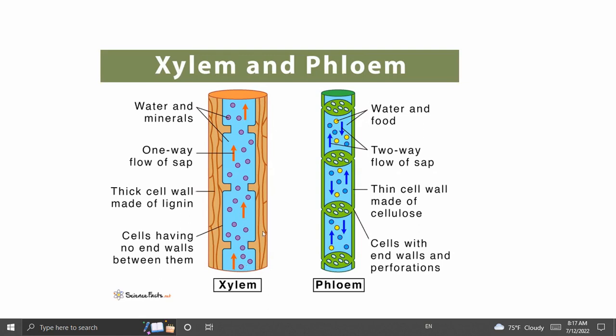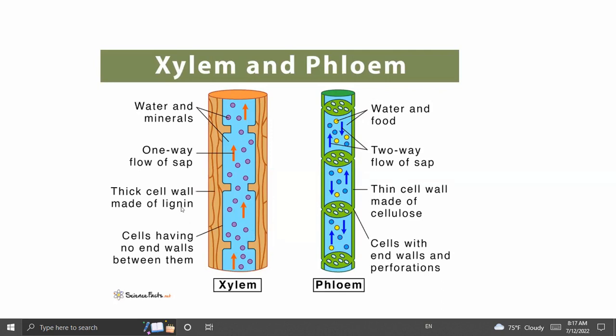Can anyone say? Oh, it is text. Yes, I will read that. Xylem one side movement, phloem both side movement. Yes, correct. Good, children. Can anyone say why this phenomenon?